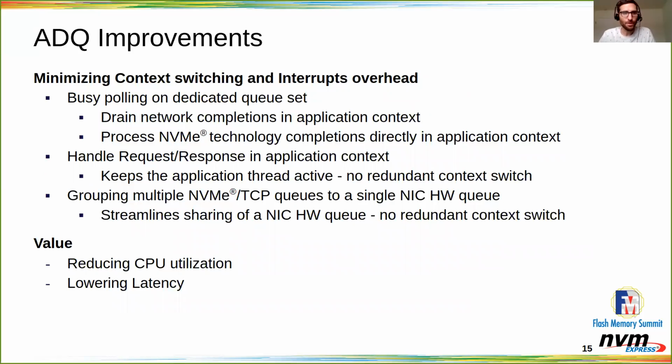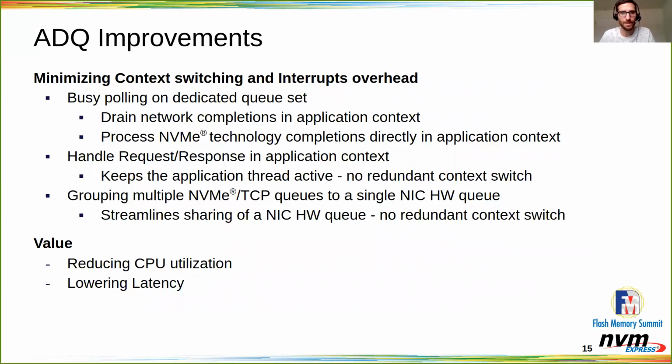Other improvements, obviously, we're minimizing context switching and interrupt overhead by applying polling. Once the application is polling friendly, we have dedicated queues that are configured with ADQ, and they act as our polling queues in NVMe TCP. That's the queue set.